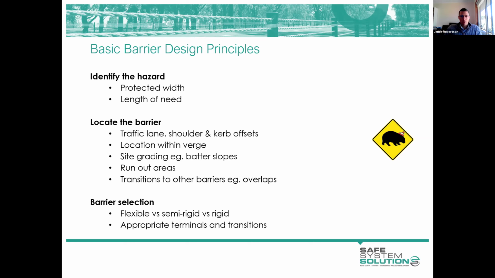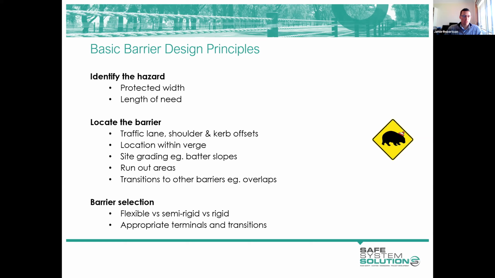We might have it in our minds that we want to go with the most flexible system, perhaps a wire rope, but we realise then that there are constraints that mean that we need to step down the list. And we need to design an appropriate terminal for our barrier. So these are all the details that we need to work out through the process and will help us arrive at a suitable barrier design.